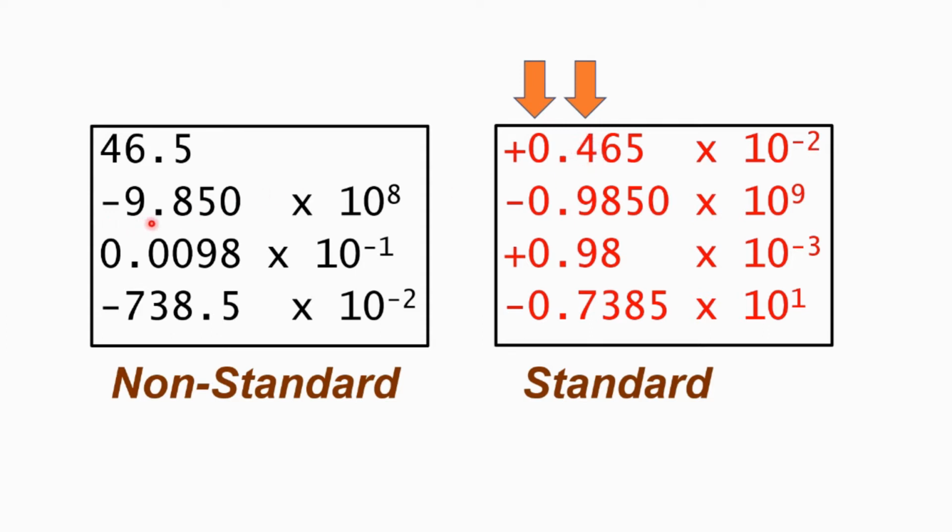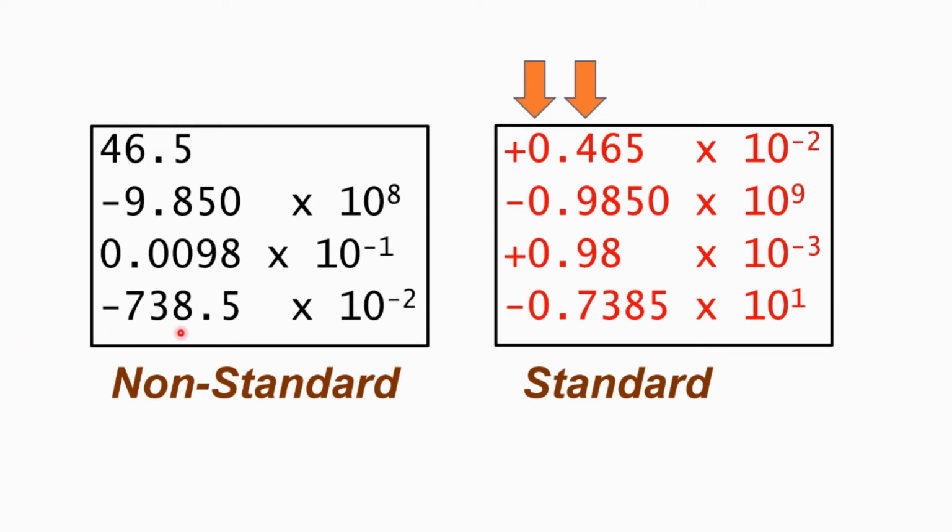The same here, minus 9.85, when it's represented here as minus 0.9850 into 10 to the power 9, we see that all the digits to the left of the decimal point are 0 and the first digit on the right is non-zero, which is 9.